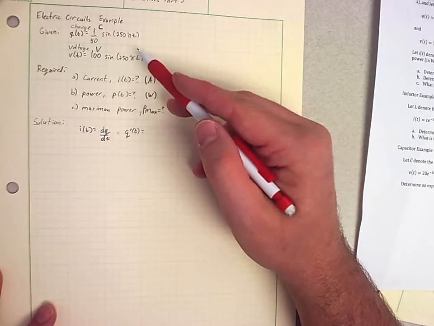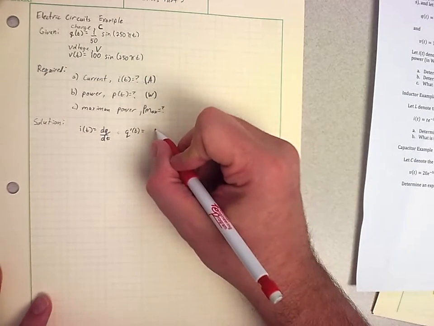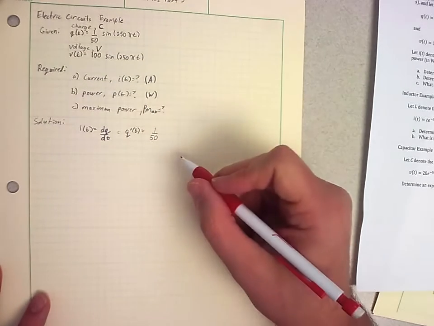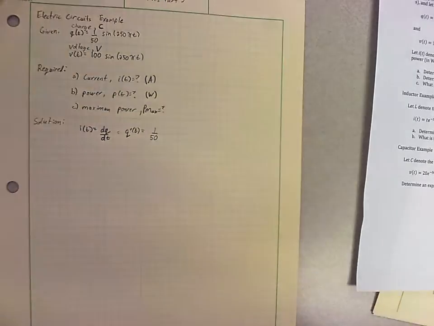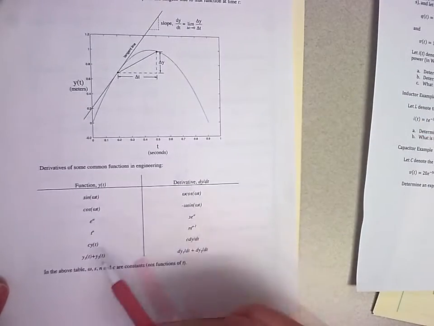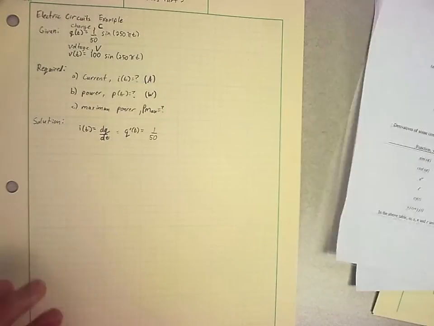The way we would take the derivative of that is we can leave this coefficient out front of 50. The derivative of sine omega t, if we use our handy sheet, is we bring omega out front, and it's cosine of that same omega t.